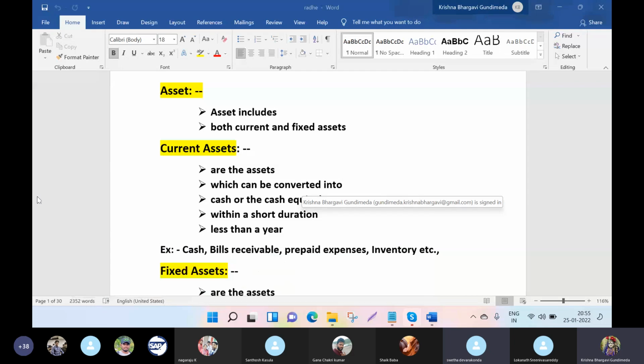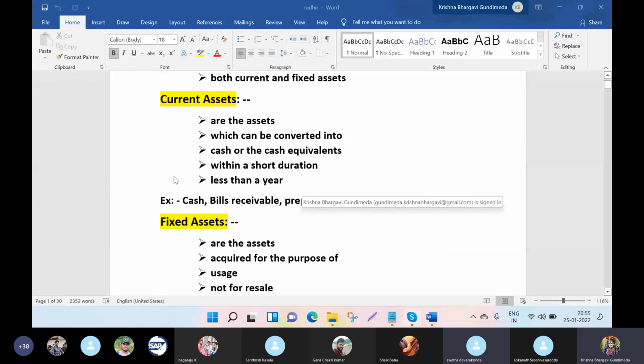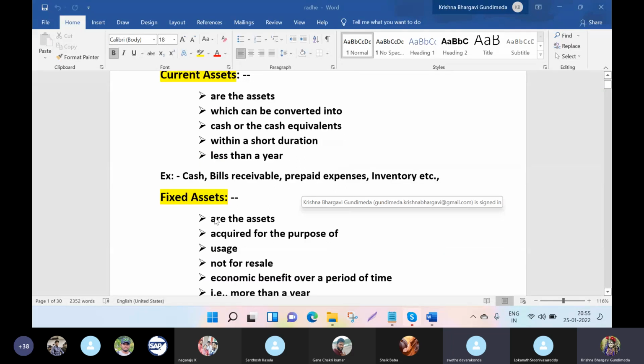That means after producing an output, at the time of sale it can generate revenue. So fixed assets means the assets acquired for the purpose of usage and not for resale, and they can generate an economic benefit over a period of time. So asset includes both current assets and fixed assets.